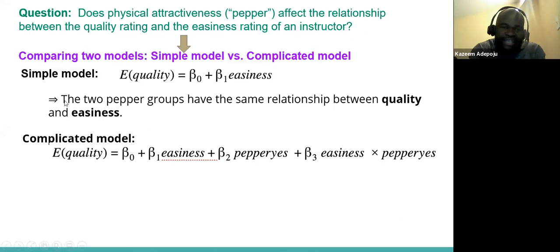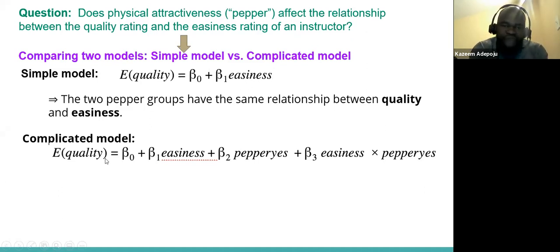Now, what I'm trying to tell you right now is that these two models are nested. Why are they nested? Because beta naught plus beta 1 easiness can also be found in this model. Can you see that now? It's right here, which means this model is an extension of this model.